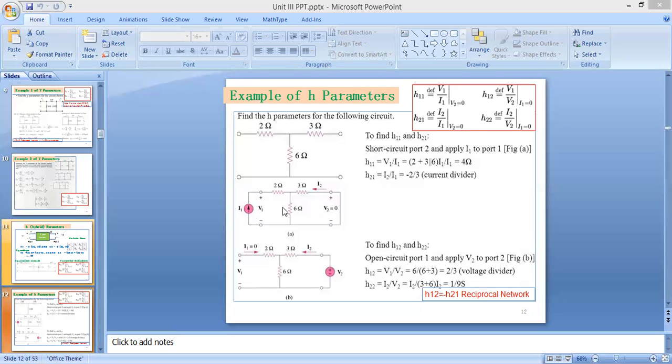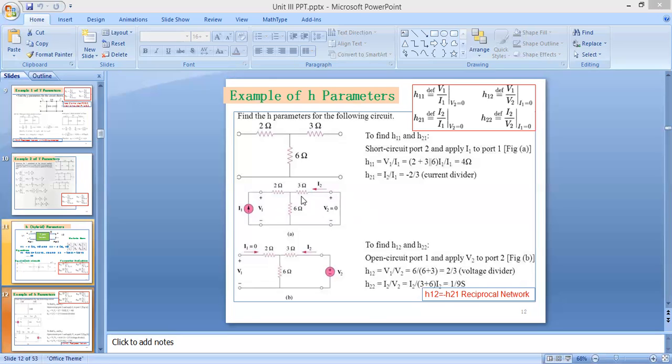You can see here, when we calculate the value of H11, we have to consider all these resistors because we are considering this circuit as a short. ये short है, at that time we are supposed to consider. यदि ये open होता, there would be no need to consider this resistor. As this is a short circuit, we are supposed to consider all these resistors.